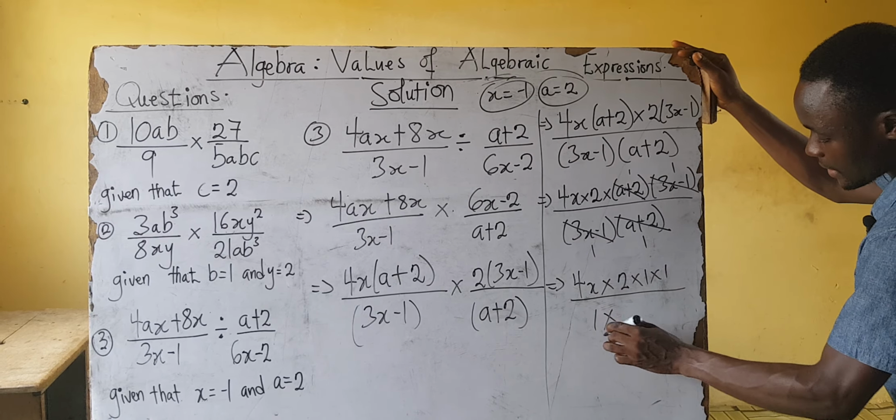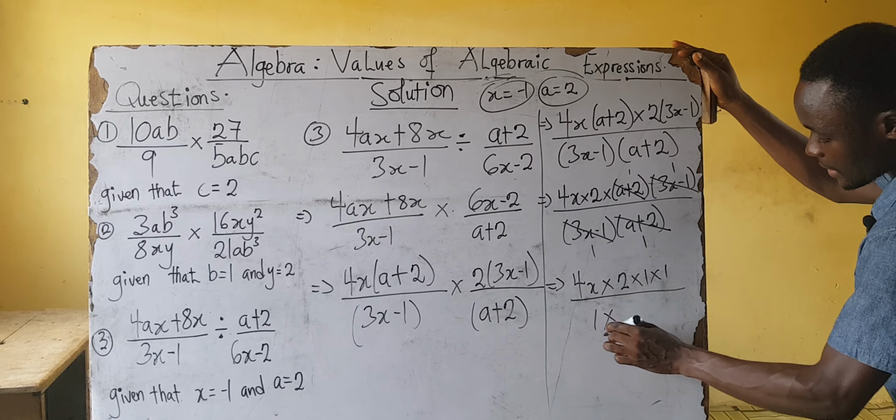All right, so let's continue at this side. So I now have, continuing this one here, I have 4x multiplying now 2 times 1 times 1 gives me 2 all over 1 times 1 is 1. Remember the value of x here has been given as negative 1. So I'm going to multiply this by that, multiplying 2 all over 1.